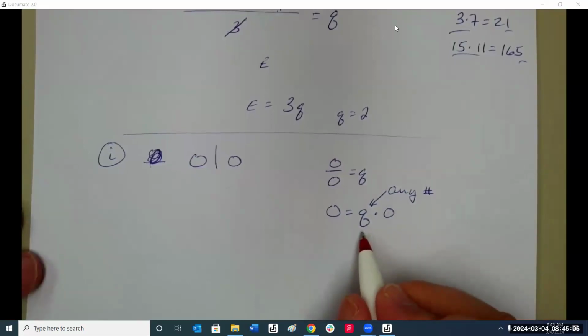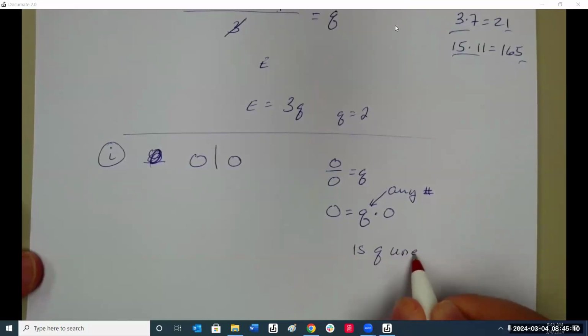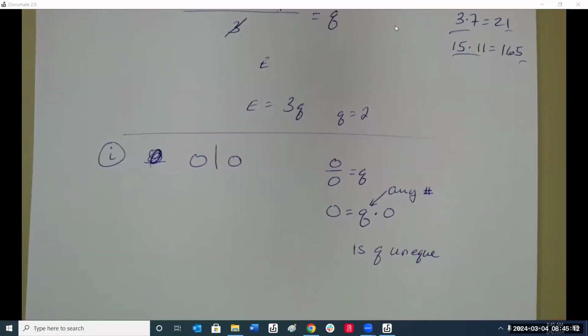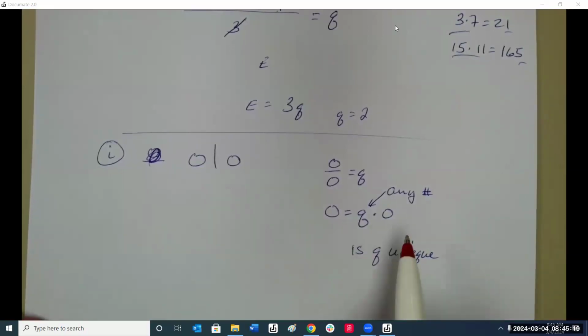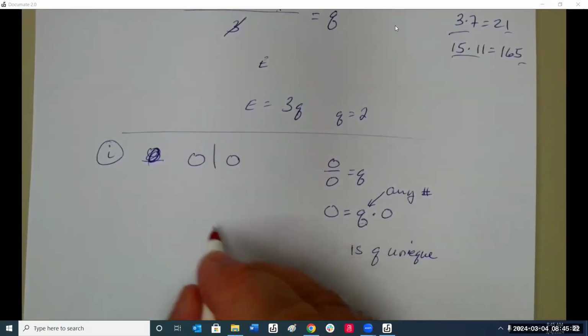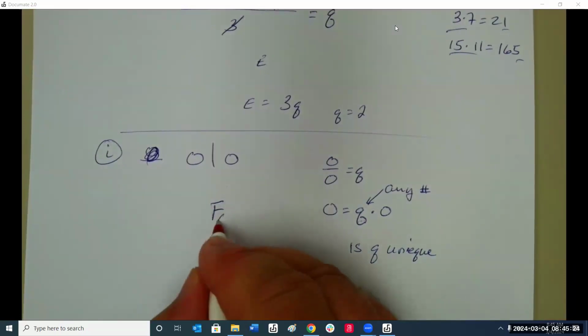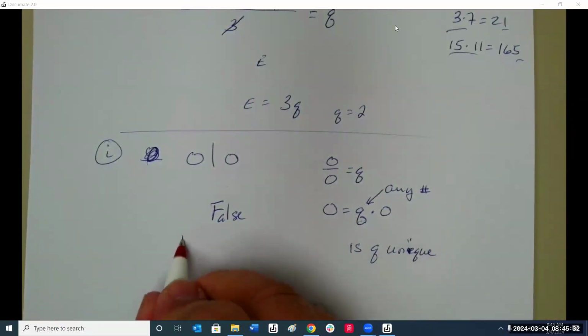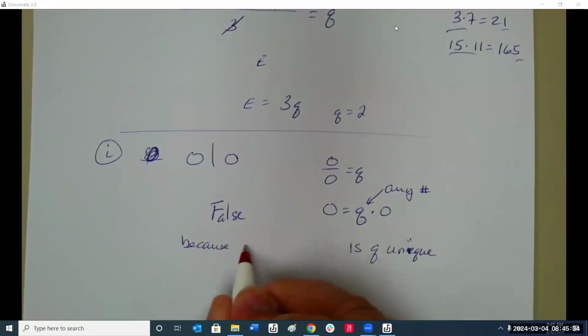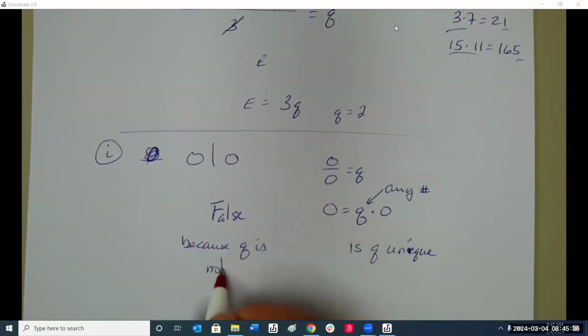Remember, Q has to be unique. Is Q unique? No, because any number I put in there is true. So this is false, because Q is not unique.